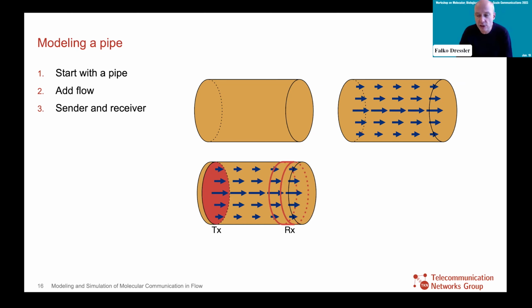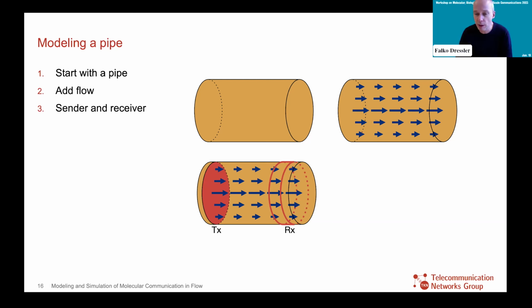A sender system is essentially a system that can artificially release particles at different areas of our pipe system, either in the center or more at the edge, and also according to time characteristics, having a release of particles over time according to our transmission system. And we have a receiver. The receiver is essentially a counter.